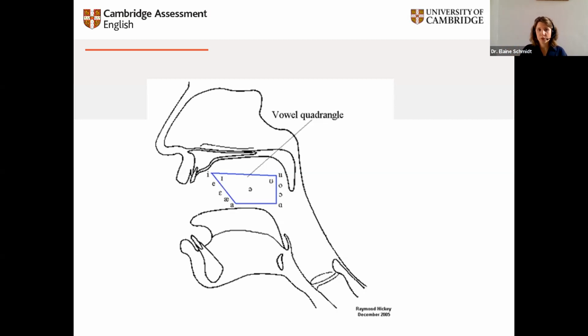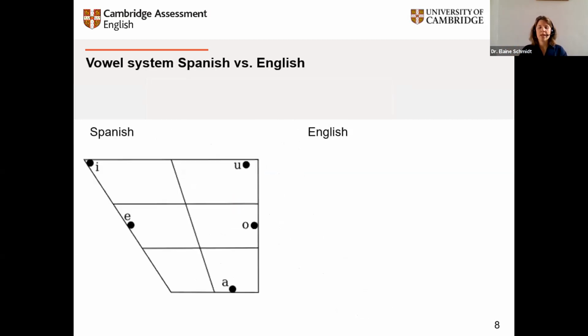So if we do the same thing for Spanish, then what we get is something like this. You have 5 vowels. So this is based on Castilian Spanish, I should say. I don't know enough about Chilean Spanish, but I believe you have the same number of vowels. But actually what happens is that sometimes the actual realization of the vowel is slightly different.